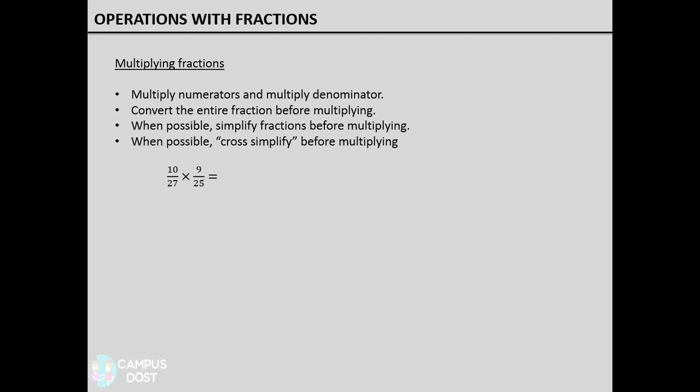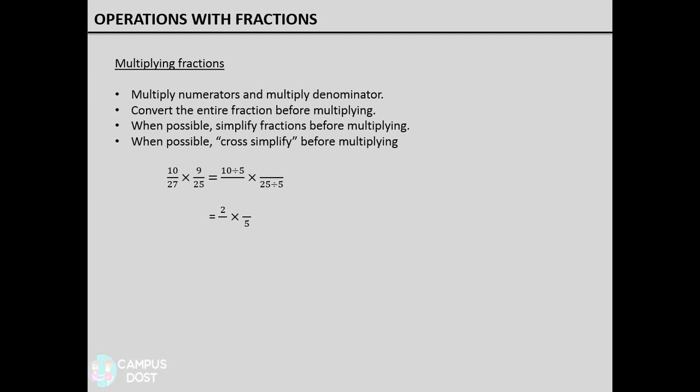First examine the numerator of one fraction and the denominator of the other fraction and determine whether we can divide both values by some number. In this case, we can divide both numbers by 5. When we do this, the original 10 and 25 simplify to be 2 and 5.